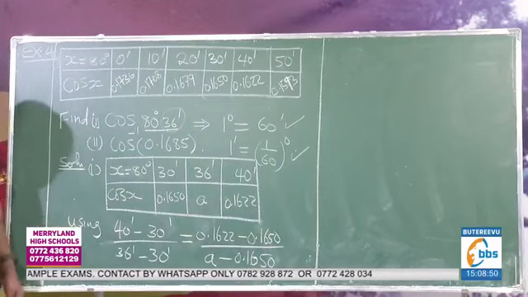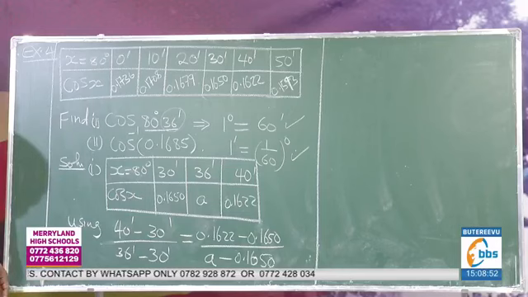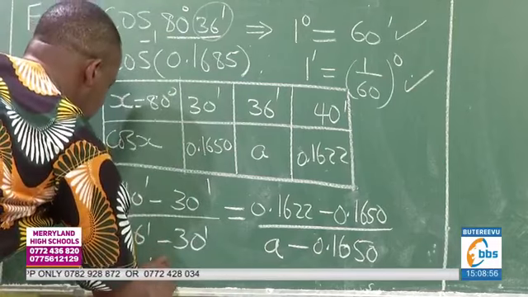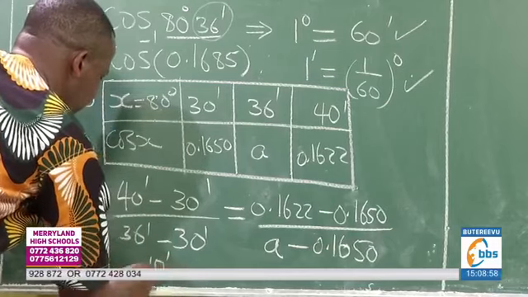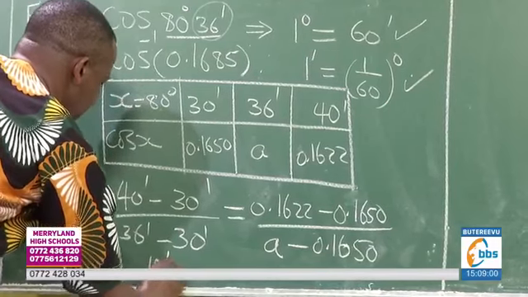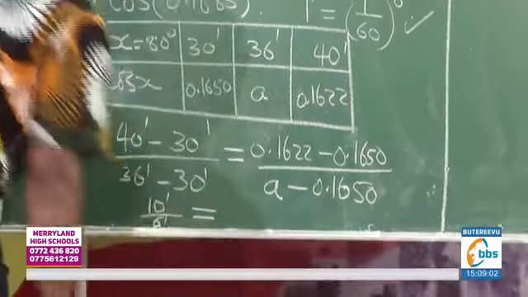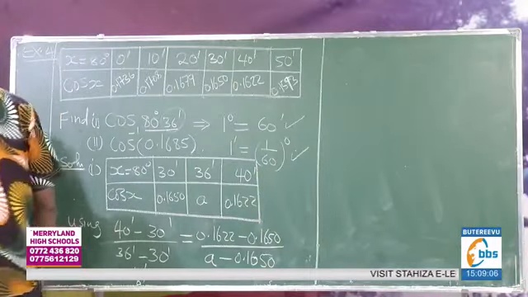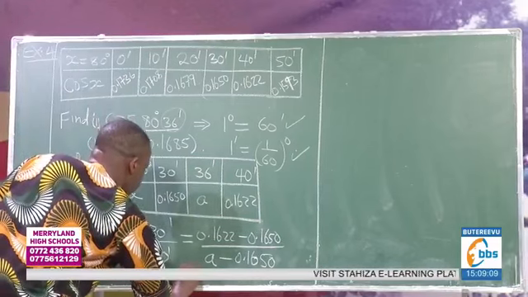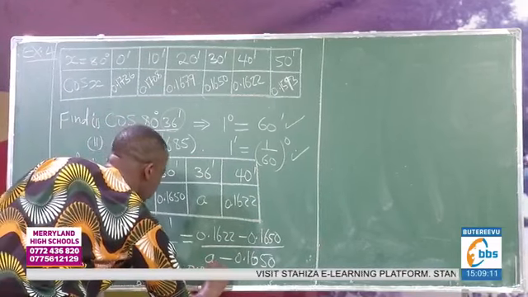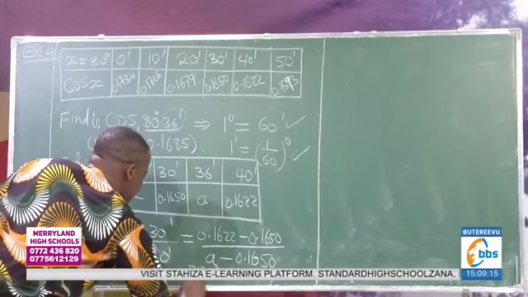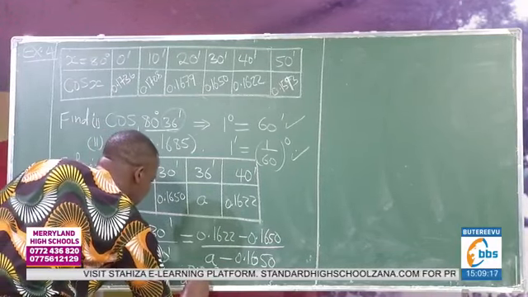After noticing this, we are expected to get what it simplifies to. This will be 10 minutes out of 6 minutes, which should be equivalent to this difference. When you subtract those two, you get negative 0.0028 over A minus 0.1650.